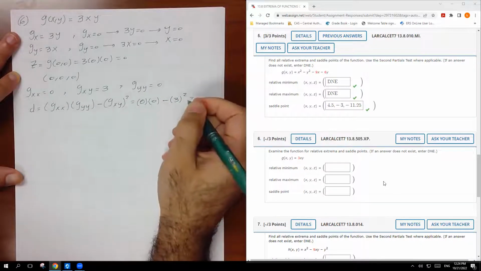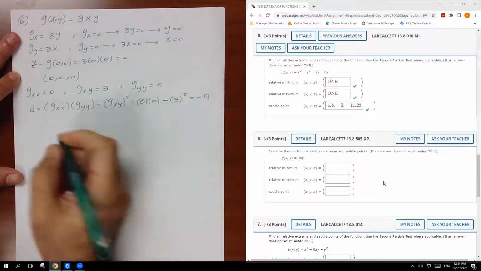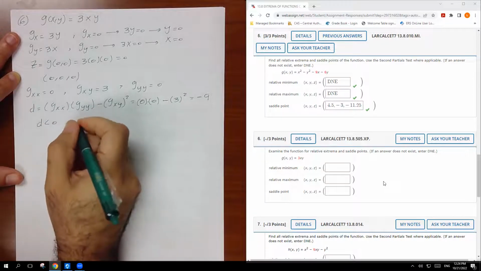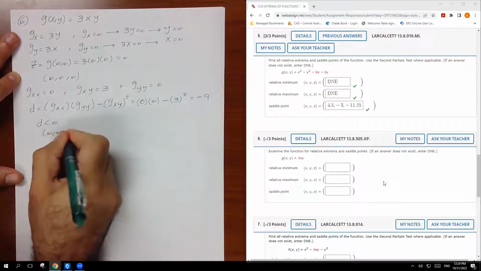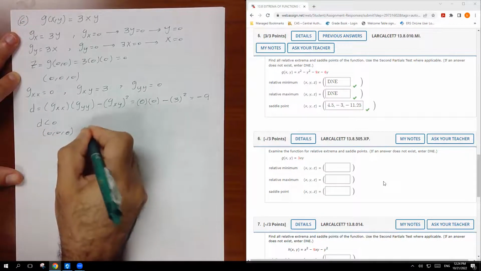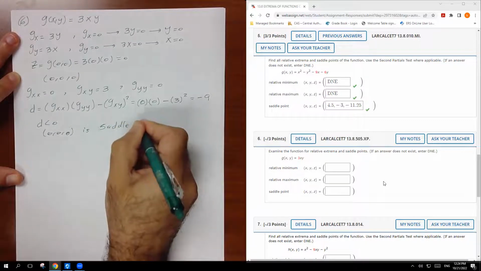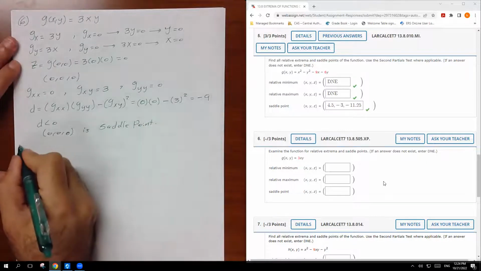So it's going to be equal to -9. That means our D is less than 0, which is right away the point 0, 0, 0 is a saddle point. That's it for this example.